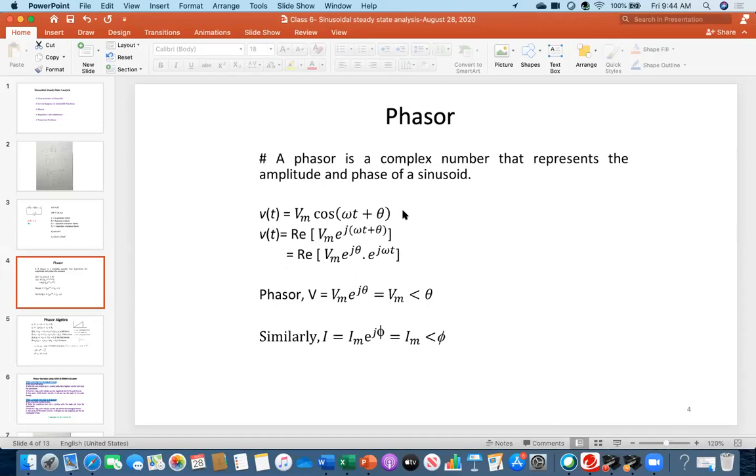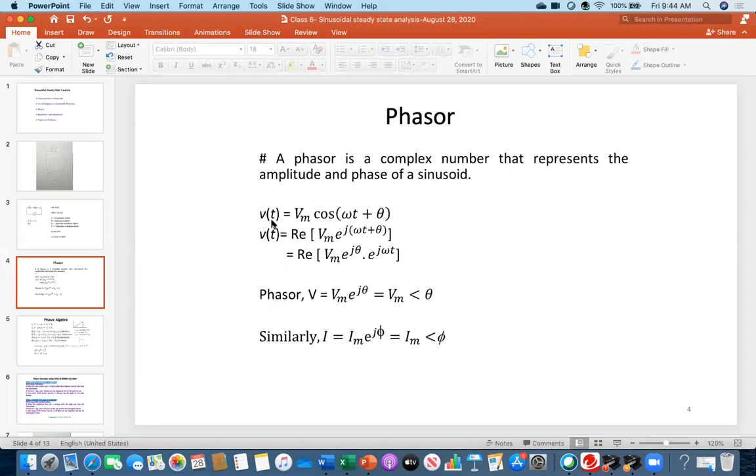Now what I am doing with this one, I want to apply the phasor. And what is my definition? A phasor is a complex number that represents the amplitude and phase of a sinusoid. Therefore, if this is my expression in time domain, including that phase, I can write it in phasor form as capital V. See the symbol?